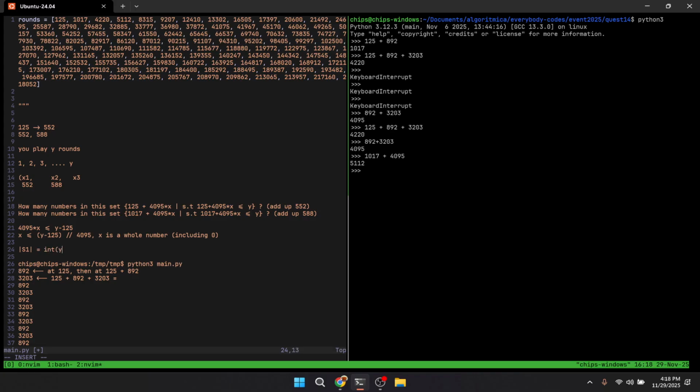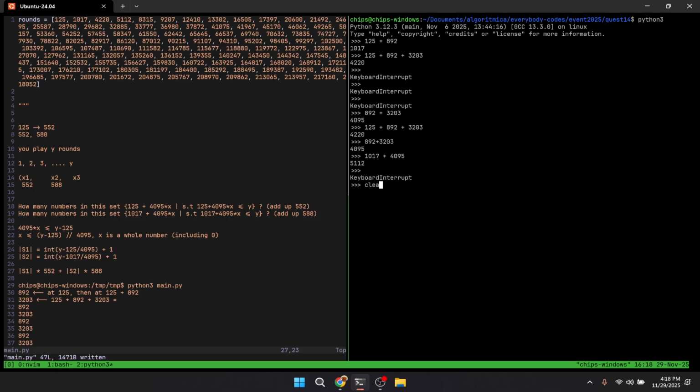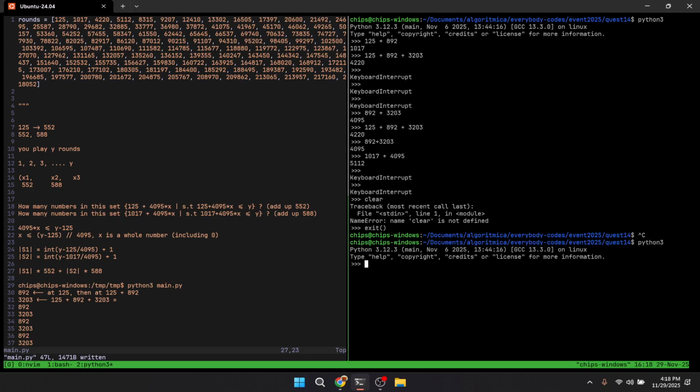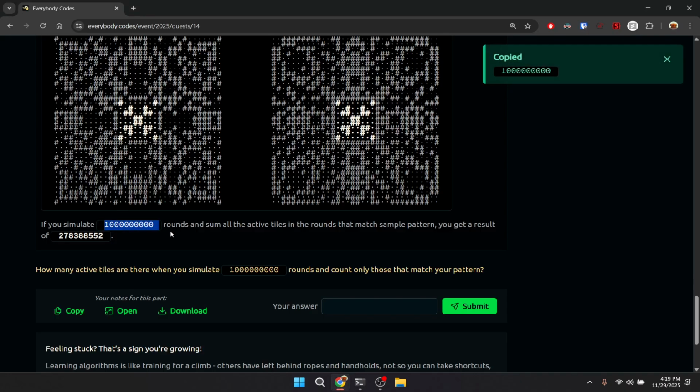So I'm betting it's this formula. I'm just betting it's this formula right here, right? Is it really? I have no idea. So you know Y is 1 billion.